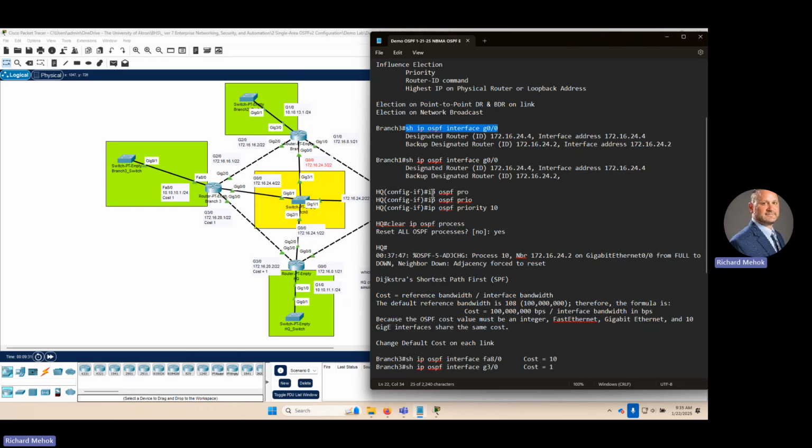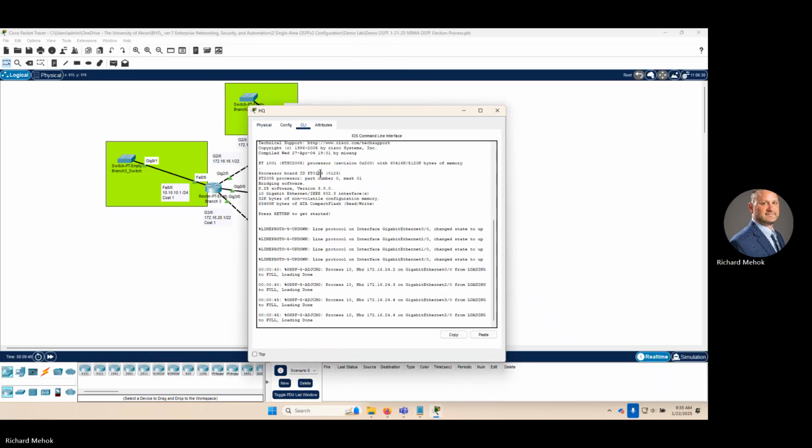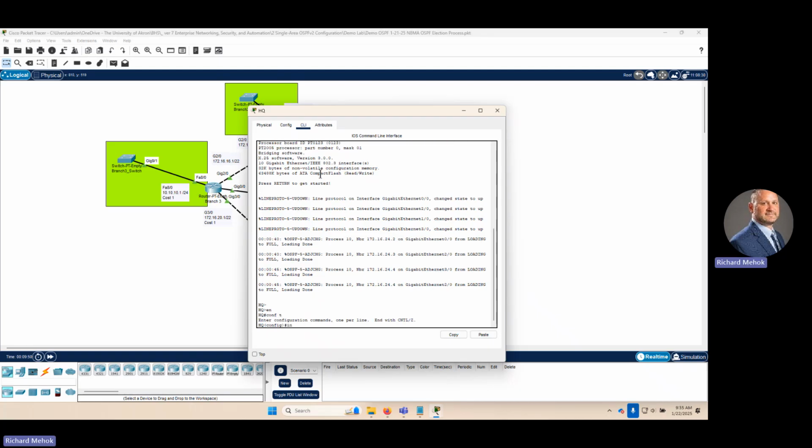So let's set on HQ on interface gigabit 0/0, we'll do the priority command, and then we will reset the processes so we can see the election and see if it changes. So enable, config t, int gig 0/0.